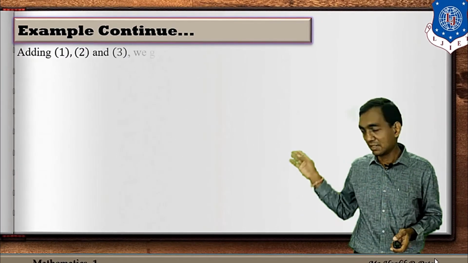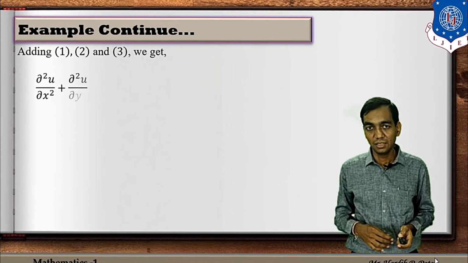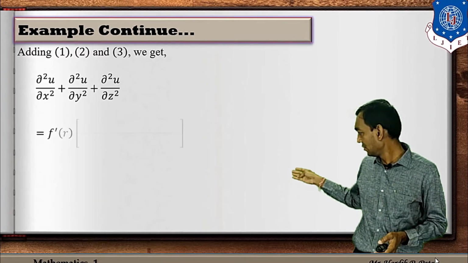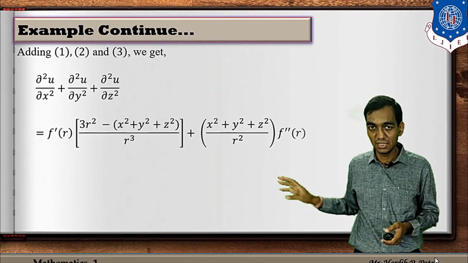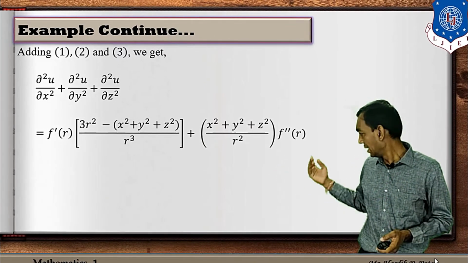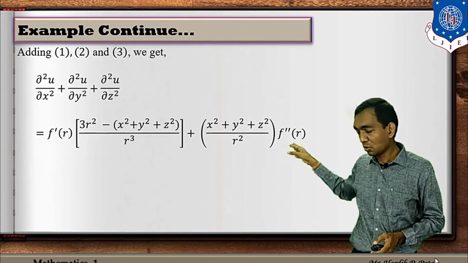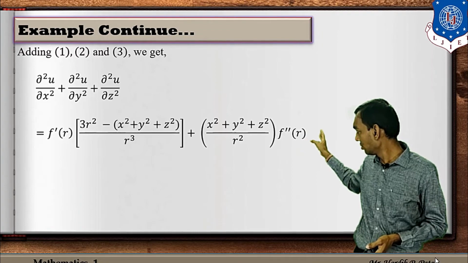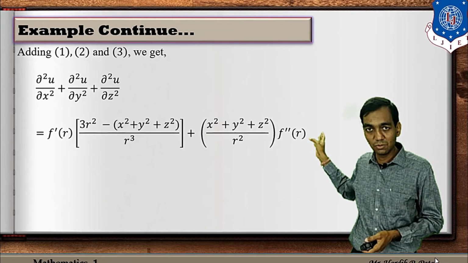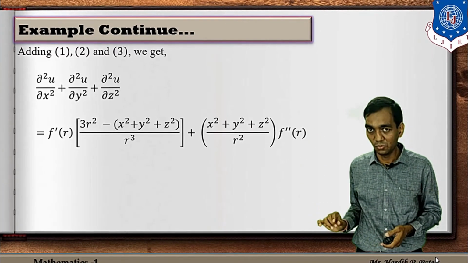Now add these three equations 1, 2 and 3. For the left hand side we have del square u upon del x square plus del square u upon del y square plus del square u upon del z square. And in the right hand side, f dash r is common from the first three terms, which gives 3r square minus x square plus y square plus z square, divided by r cube.